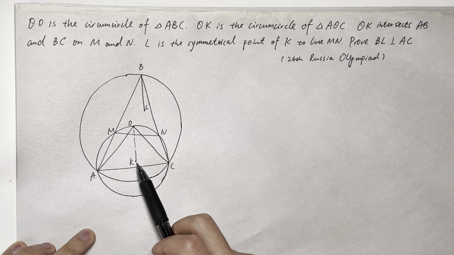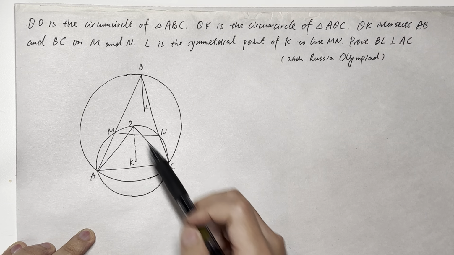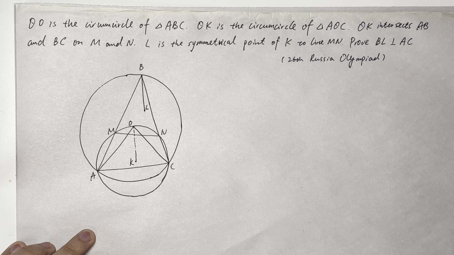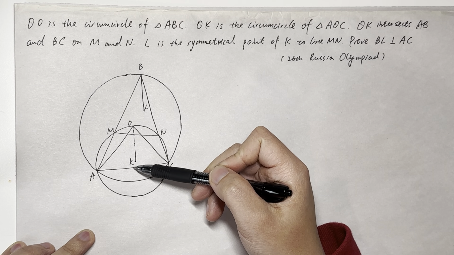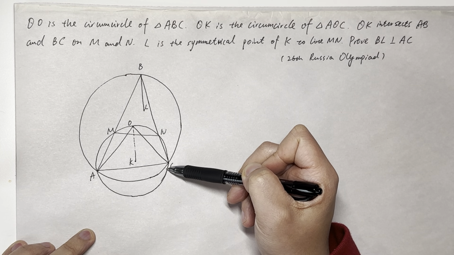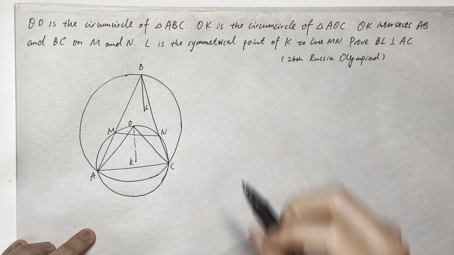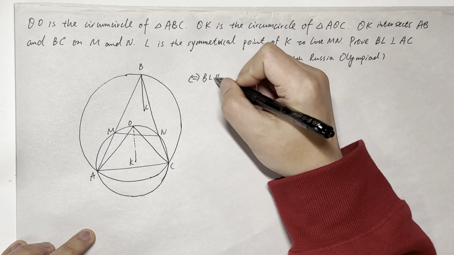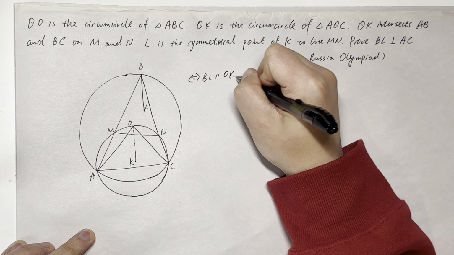And because K is the circumcenter of triangle AOC, AK equals KC, which means K is also on the perpendicular bisector of segment AC. So OK is the perpendicular bisector of segment AC, which means OK is perpendicular to AC, and we just need to prove that BL is parallel to OK.